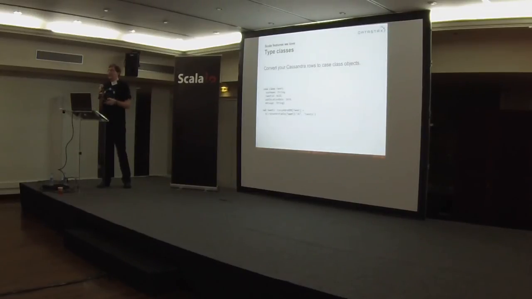We've also got some kind of object mapper. If you want to have every row of your Cassandra table represented by a case class object, you just write a case class with fields of the types corresponding to the types in the table. It supports all the Cassandra types, so even collections.